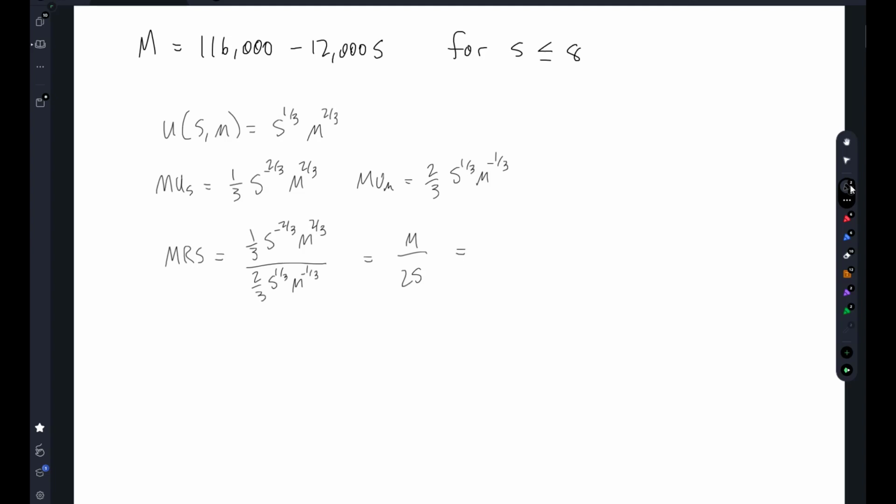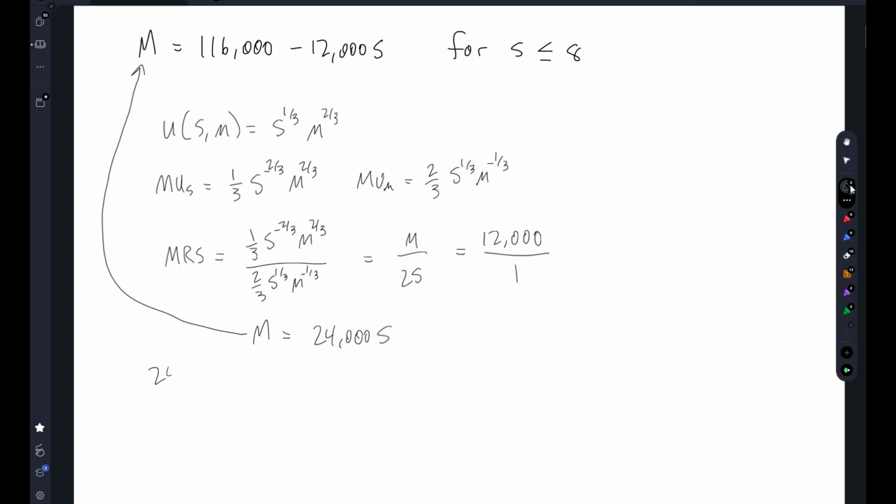Remember that for the principal-agent problem, the price of an hour of shirking is the amount of income that you would give up, which is 12,000 in our example, divided by the price of $1 of income, which is just 1. Multiply both sides by 2S to solve for M, and we get M equals 24,000 S. Where things are different from before is that we're going to plug this into our income up here.